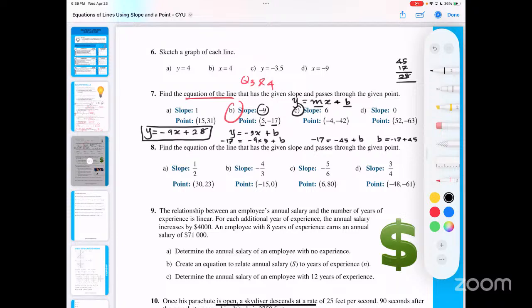Okay. Do you need to write the full equation at the end? Correct.